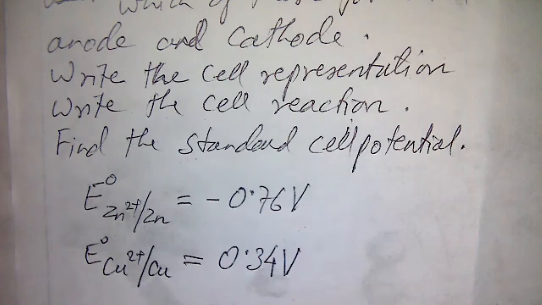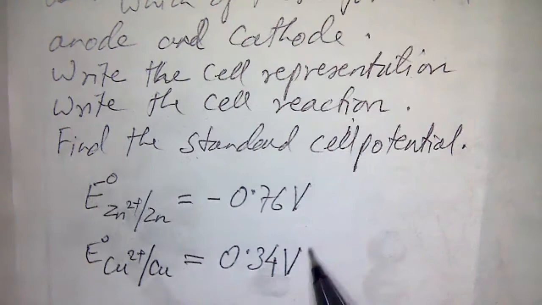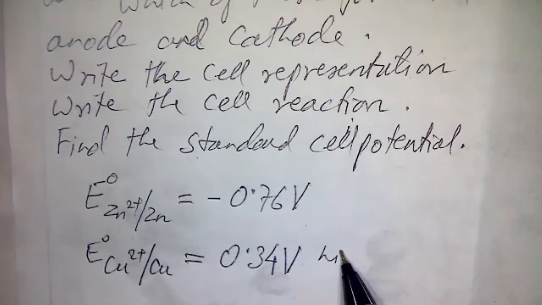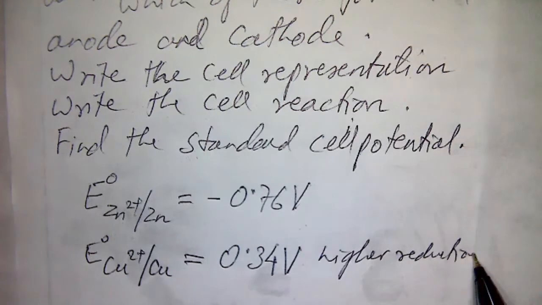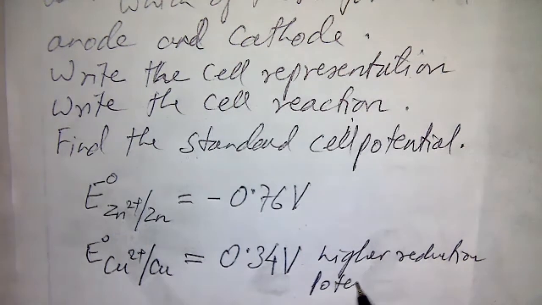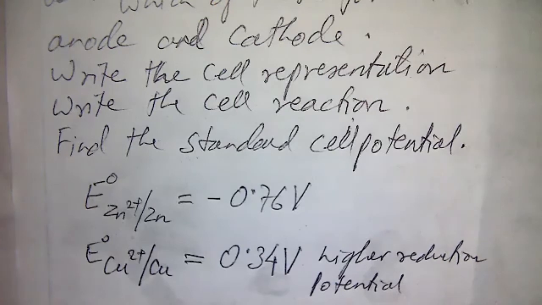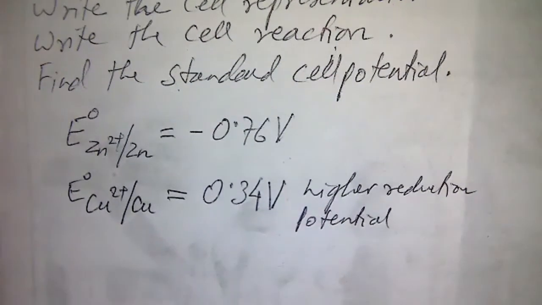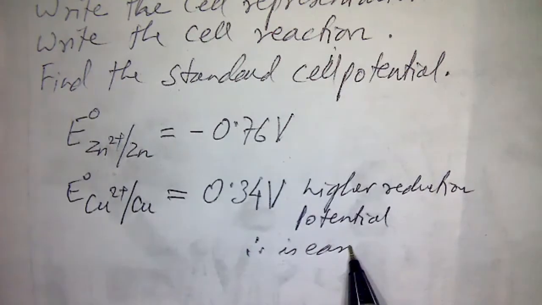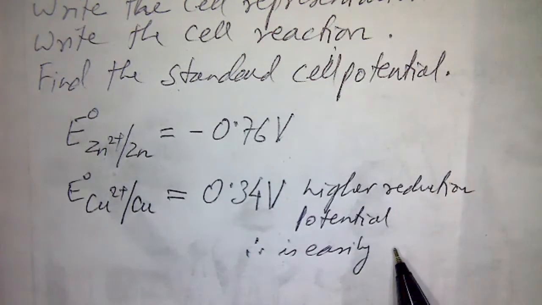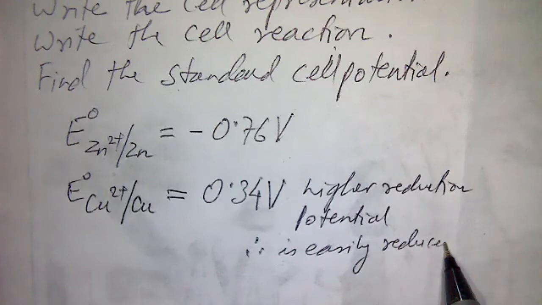To do that, we'll compare these two. Which of these electrode potentials is higher? If you compare these two, this one is higher, isn't it? This has higher reduction potential, so it is easily reduced.